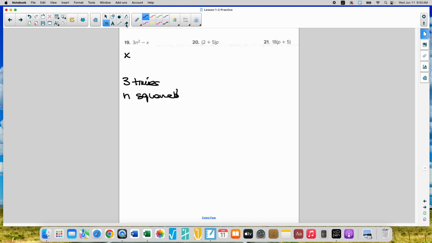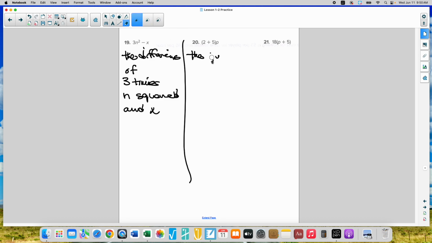Oh, no, let's do the difference of 3 times n squared and x. That worked. We're going to go back to the quantity. Oh, no, let's the sum of. Yeah. The sum of 2 and 5 times p.